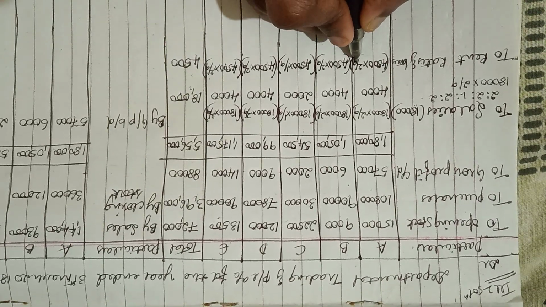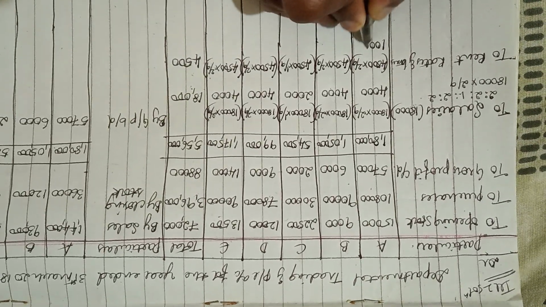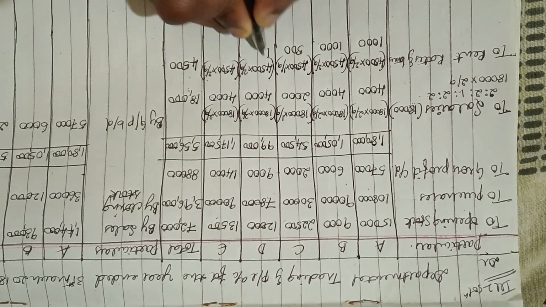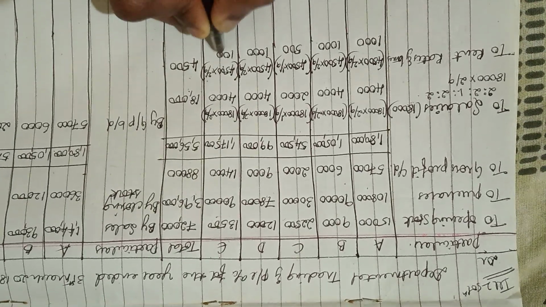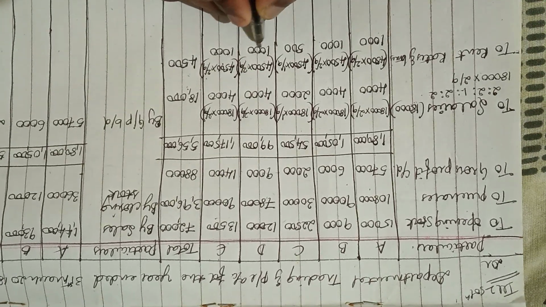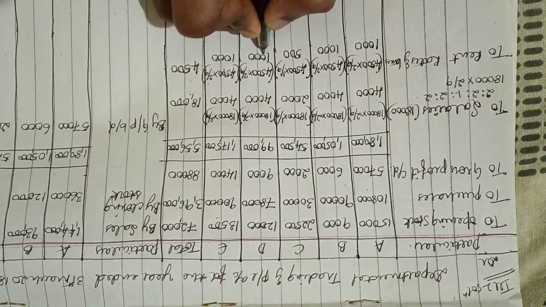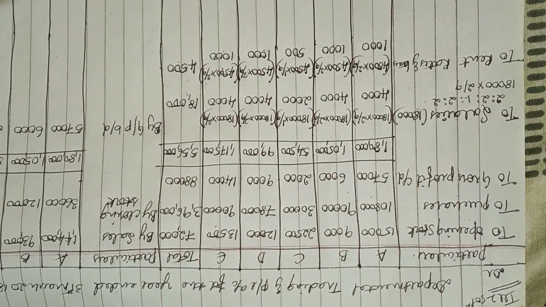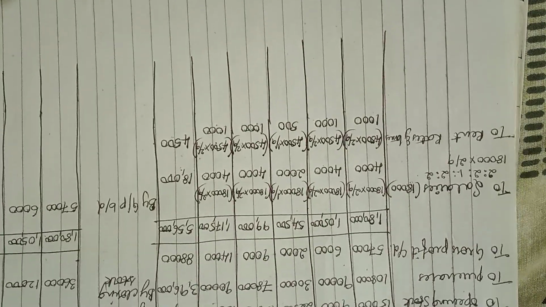So that gives you 1,000, 1,000, and it's 500 here, 1,000 and 1,000. When you add 1,000 plus 1,000, 2,000, 2,500, 3,500 and 4,500. So total is 4,500. Did you understand?